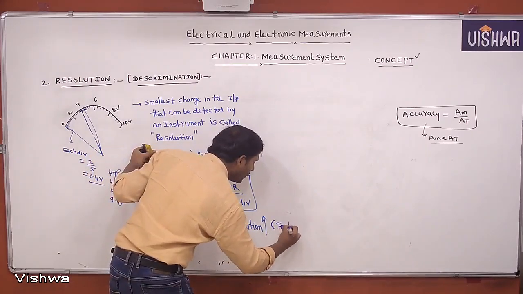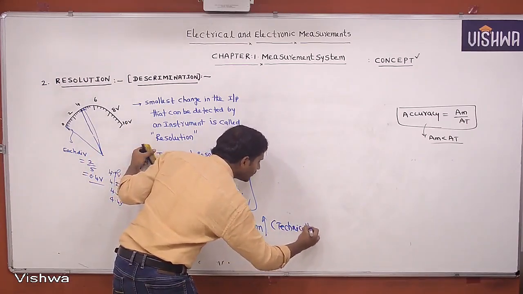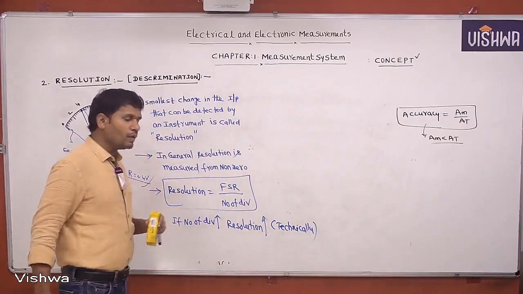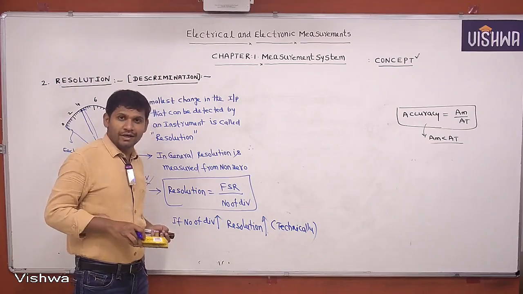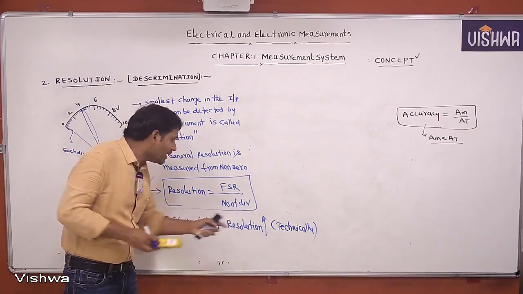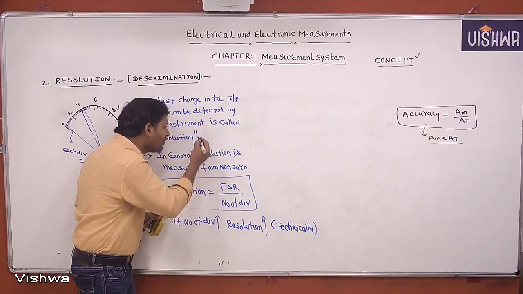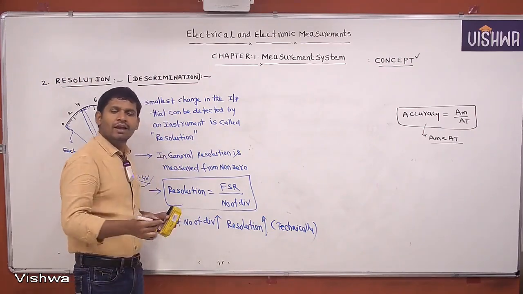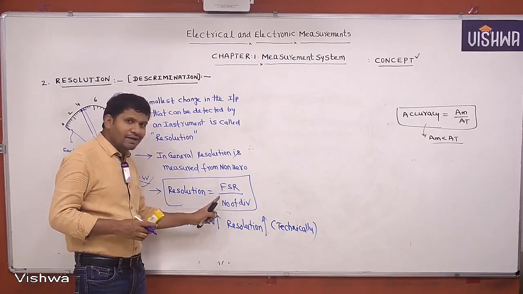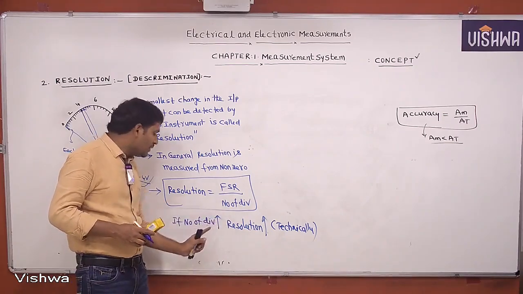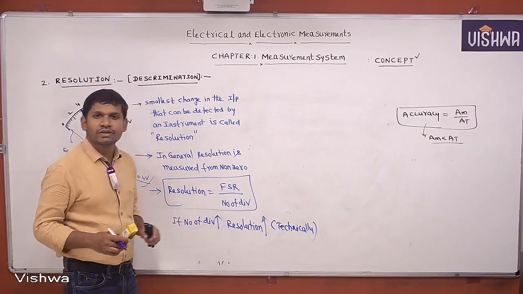Don't consider the mathematics here. By seeing this formula, you might say if number of divisions increases, resolution reduces, but don't say that statement here. Mathematically that is correct, but technically, if the number of divisions increases, resolution also increases.